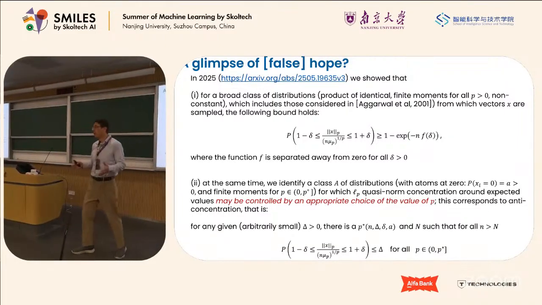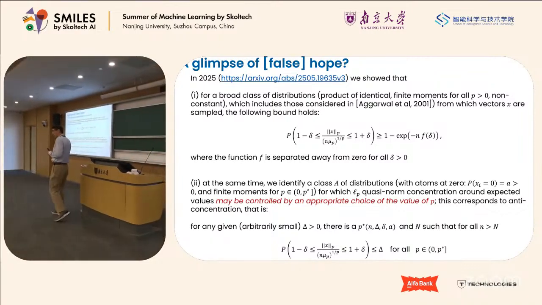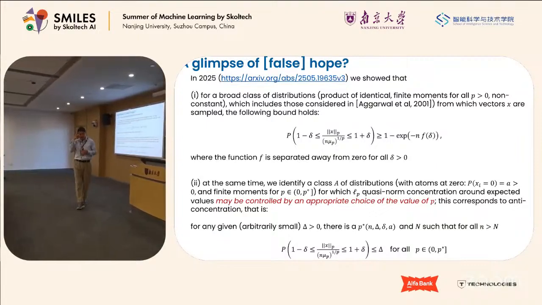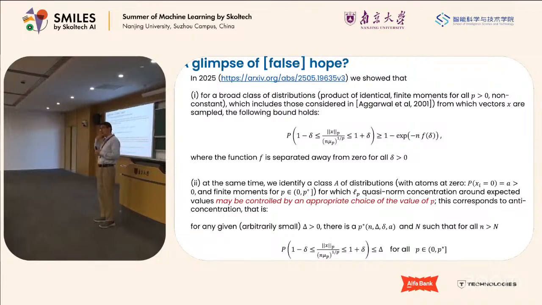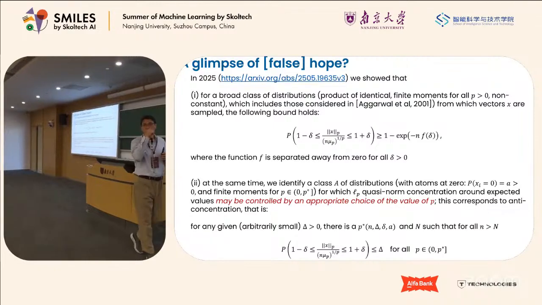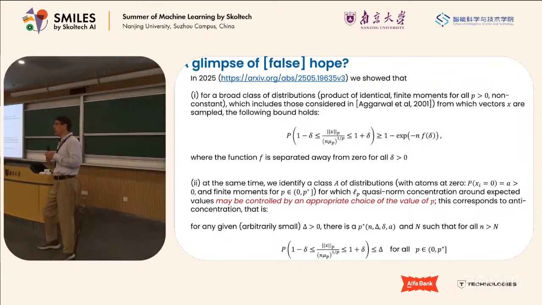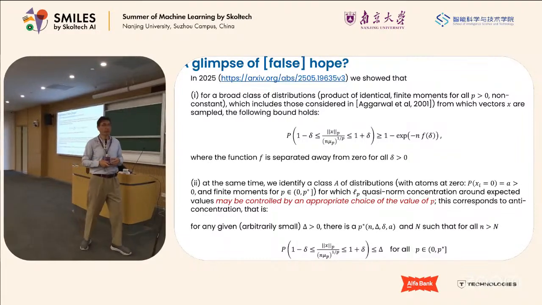Of course, we couldn't walk past this result, and we looked at it ourselves, and in 2025 we published a paper where we showed that, unfortunately, for exactly those distributions that people believe are good, for example, uniform distribution in a cube, a product measure of identical distributions which are non-constant, you cannot get away from the concentration. So in high dimension, things will concentrate.